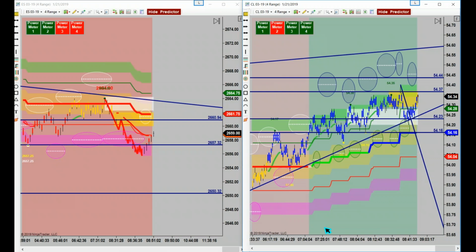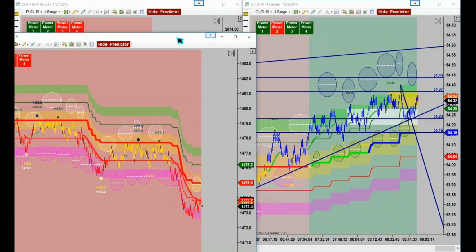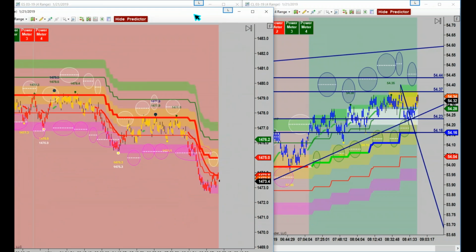Oil, you're going to make fresh highs. Keep on trucking, buddy. Well, Russell's rolling over, so I'd like ES to go ahead and do the same thing.